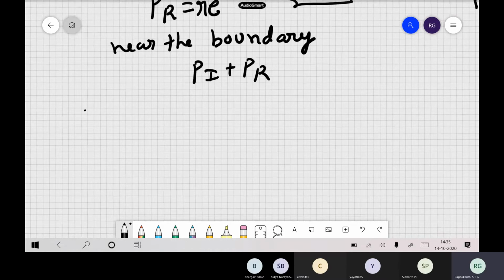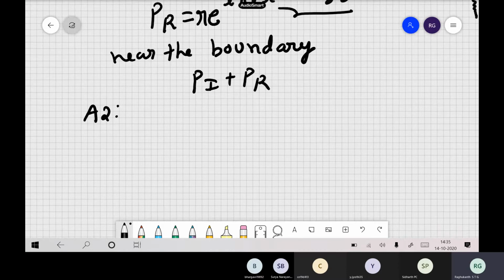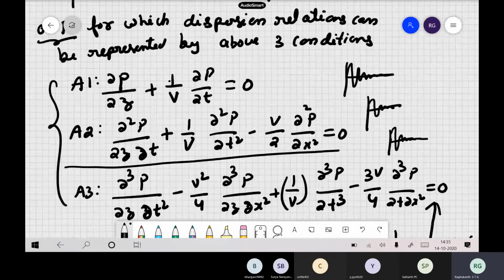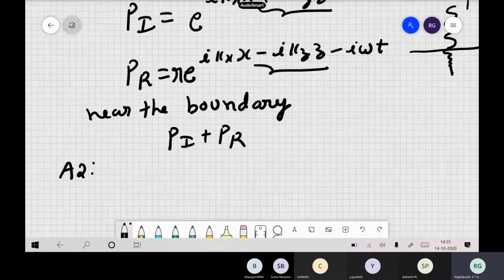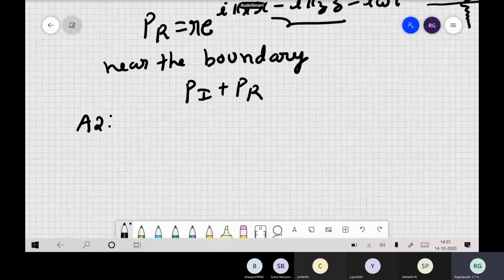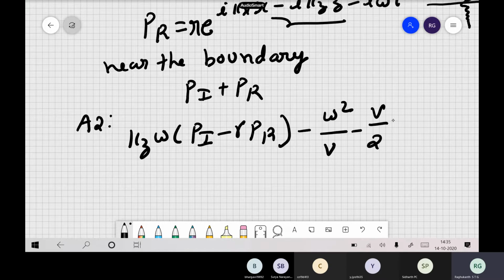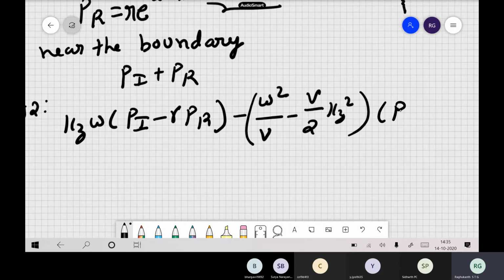If you apply this boundary condition, which is a differential equation, and substitute Pi as well as PR, you will get Kz times omega times (Pi minus R times PR) minus (omega square by V minus V by 2 times Kz square) multiplied by (Pi plus R times PR).